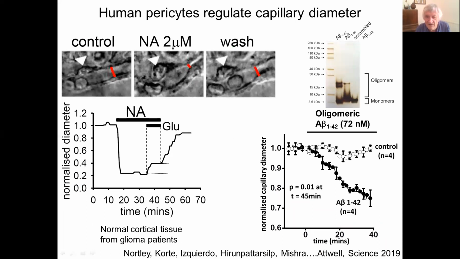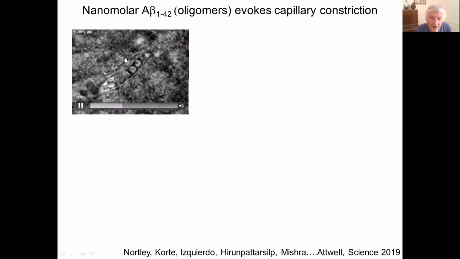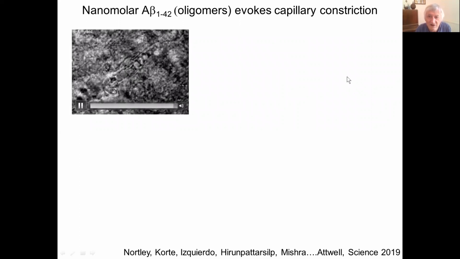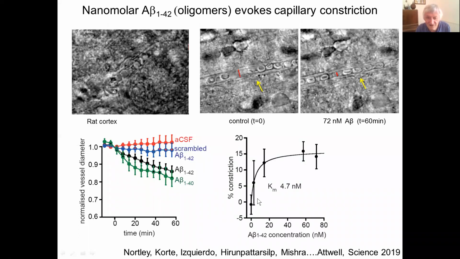pericyte soma. You can see this happening in a human brain slice here, and it also occurs in rat and mouse brain slices. So if I play this movie, you can see that applying A-beta leads to a constriction of the capillary. You can pick off stills from this kind of movie and plot the diameter over time, and you see that amyloid beta 1 to 42 or 1 to 40 both constrict the capillary, whereas a scrambled version of A-beta doesn't.